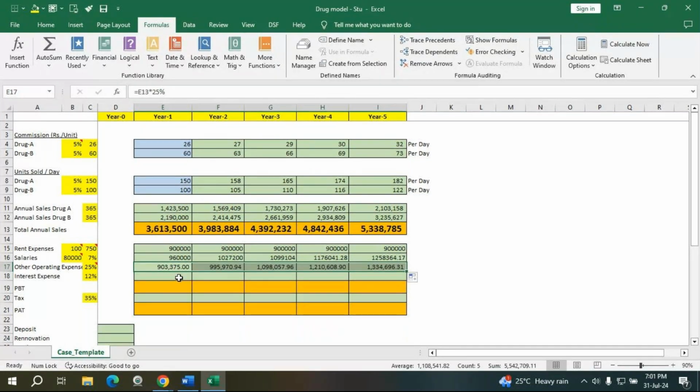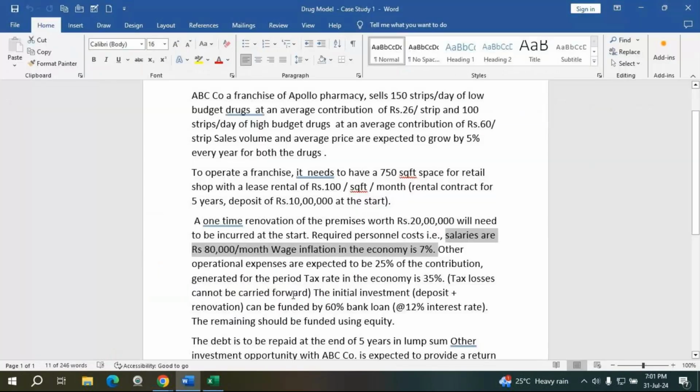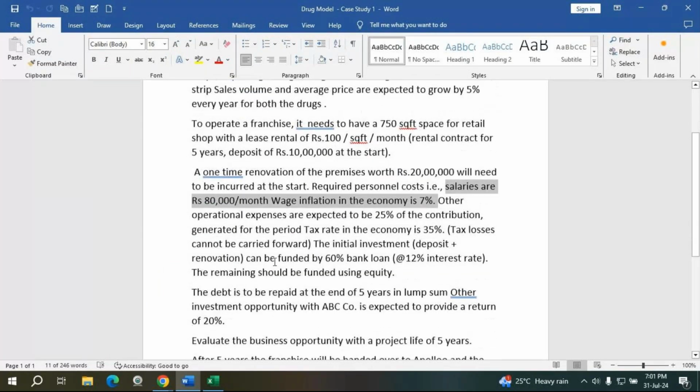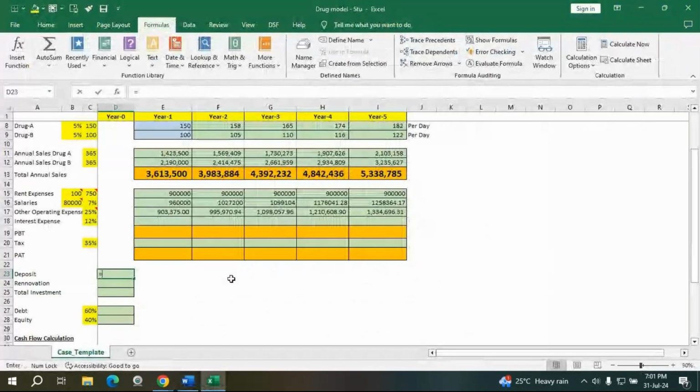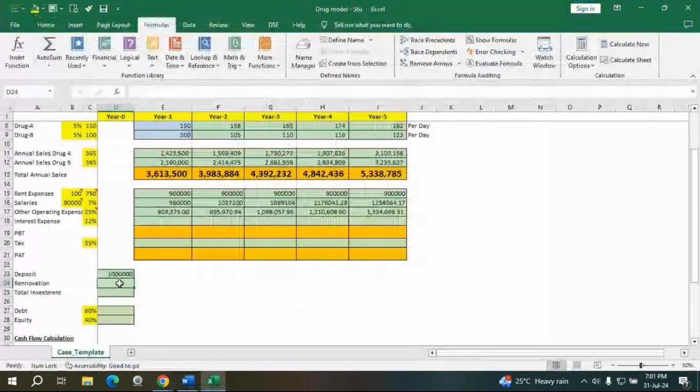And here, interest. Before we do that, they are telling the deposit. How much do I need to pay? The 5 years deposit, that is 10 lakh rupees I need to pay, equals 10 lakh. And renovation, it is renovation of the premises, it is 20 lakh, equals 20 lakh.